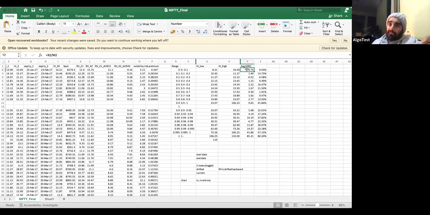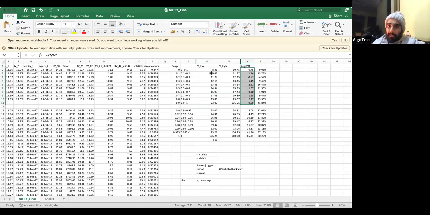VRP is the difference between IV and RV. So on average, how expensive are the options when IV is in this range, and this range, and this range? And you'll see that in volatility terms, this is on average how expensive these options are. This is kind of like a backtest, but it's in volatility space.